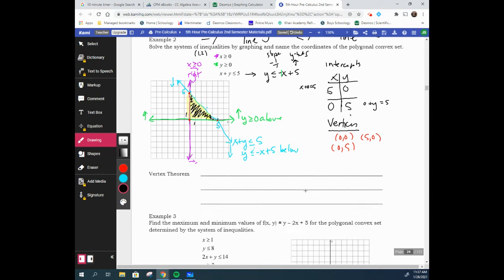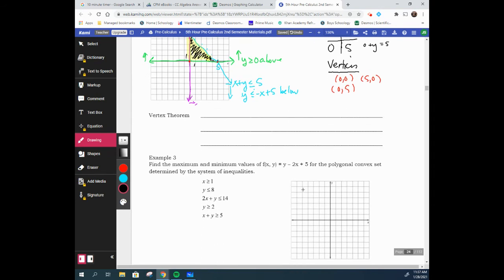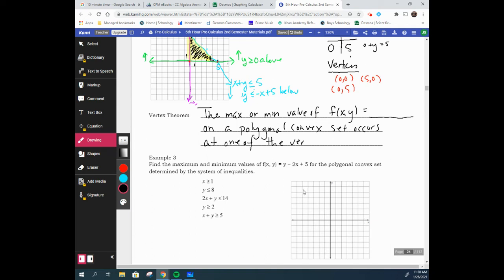All right, now we also have this thing called the vertex theorem, which says the maximum, I'm just going to write max, or minimum value of f of x, y, now we haven't seen anything like that before with an x and y, equals something on a polygonal convex set, occurs at one of the vertices.